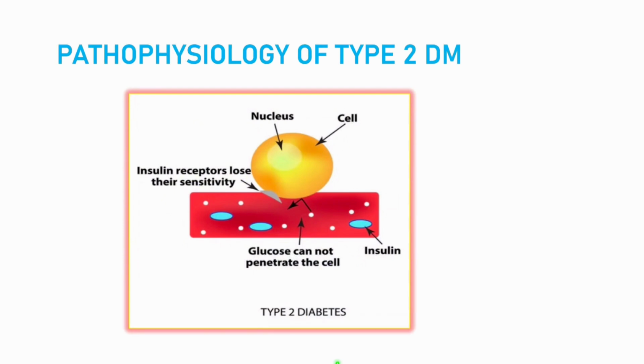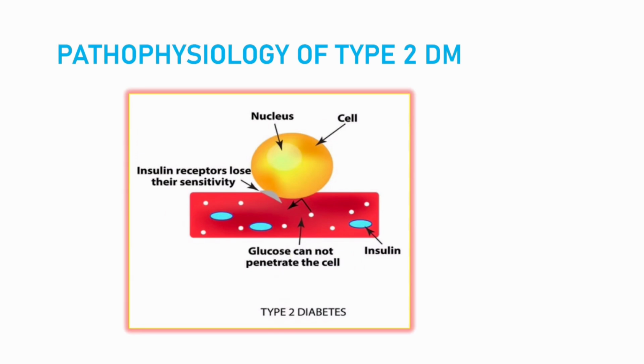In type 2 diabetes, the body cells, especially in muscle, liver and adipose tissue, lose insulin receptor sensitivity and become less responsive to insulin. So the glucose cannot penetrate the cells, and there is less uptake of glucose. But the liver continues to produce glucose despite this high blood glucose. That will lead to hyperglycemia.